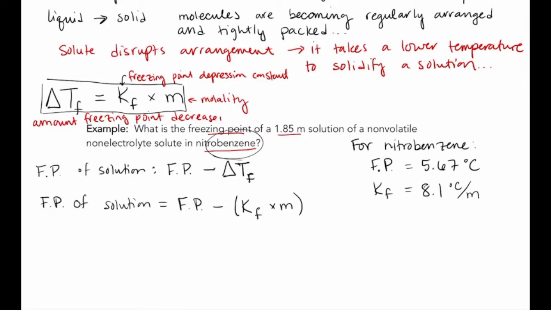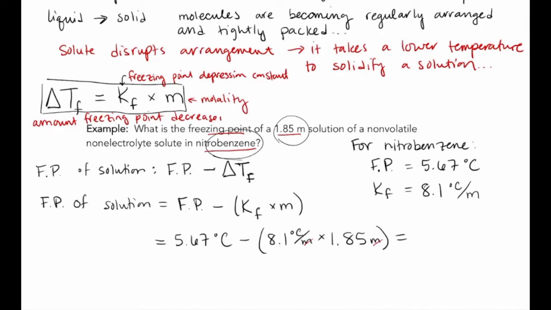So I'm just going to plug all of this in. I have my normal freezing point, which is 5.67 degrees Celsius, and then I subtract my freezing point depression constant times the concentration in molality, which is given in the problem in just the right unit. And again, molality units cancel out. So I get 5.67 minus 8.1 times 1.85.